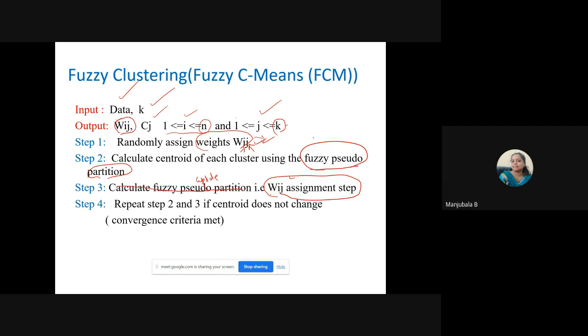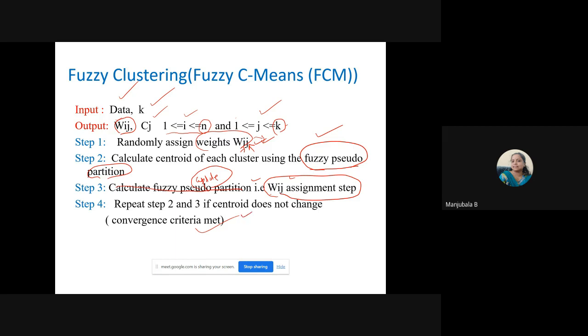One fuzzy pseudo partition is for calculating the centroid, and the next is how to update the weights. These are the two mathematical equations you follow in FCM. Steps 2 and 3 you repeat until the centroid doesn't change, or the convergence criteria we already discussed. In K-means clustering, the same convergence or termination criteria can be used.